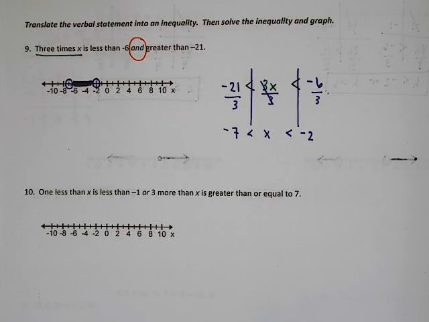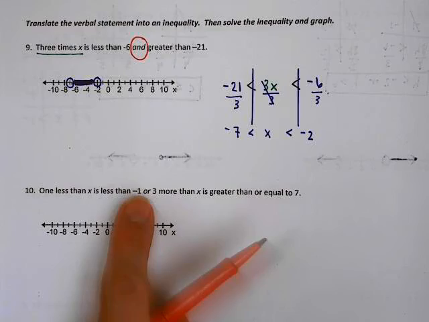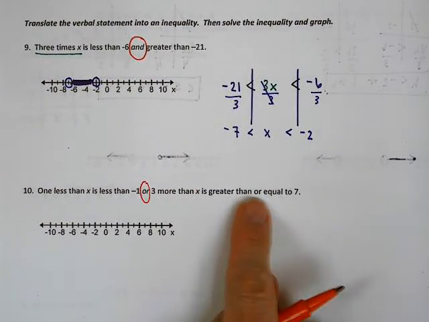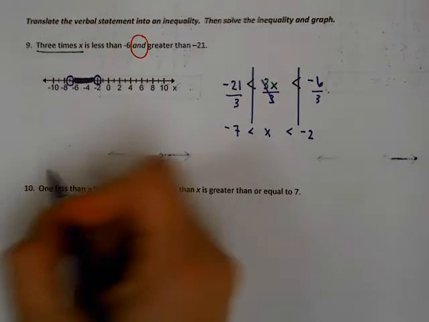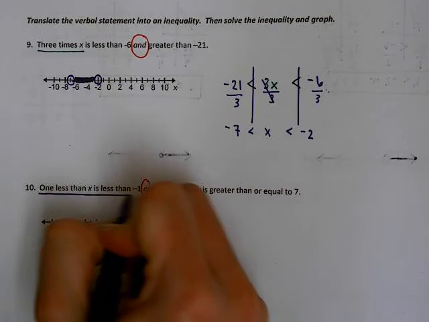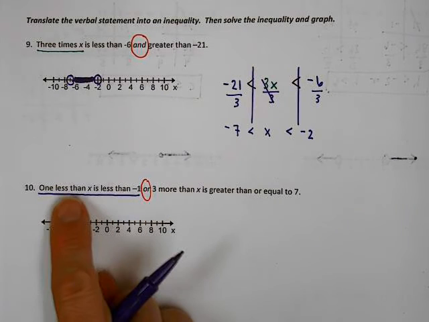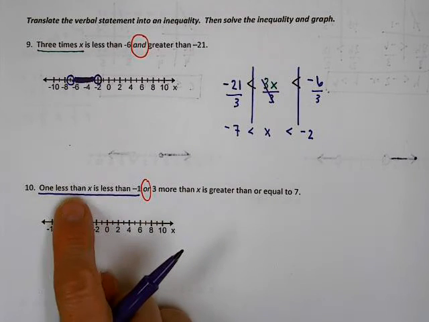All right, last problem for today. So I have 1 less than x is less than negative 1, or 3 more than x is greater than or equal to 7. So let's take this in two pieces. Here I have 1 less than x is less than negative 1. Now, I know 1 less than x really means I'm taking 1 away from x.